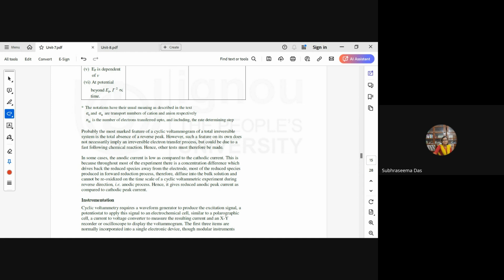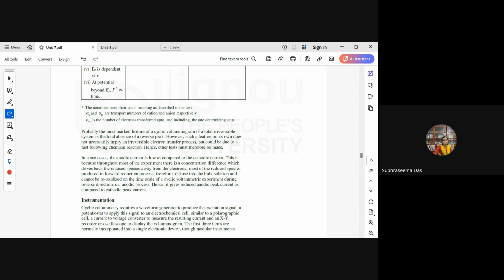In some cases, it has also been found that the anodic current is much lower as compared to the cathodic current. This is because most of the time throughout the experiment, there is a concentration gradient which drives the reduced species, and most of the reduced species diffuse again into the bulk solution, so there is difficulty in oxidation of these species.